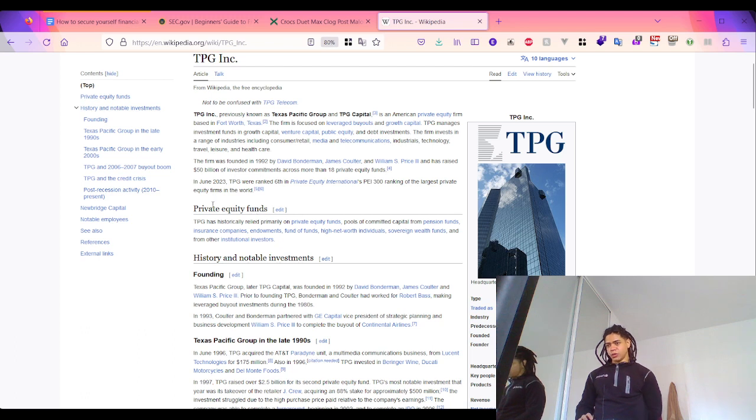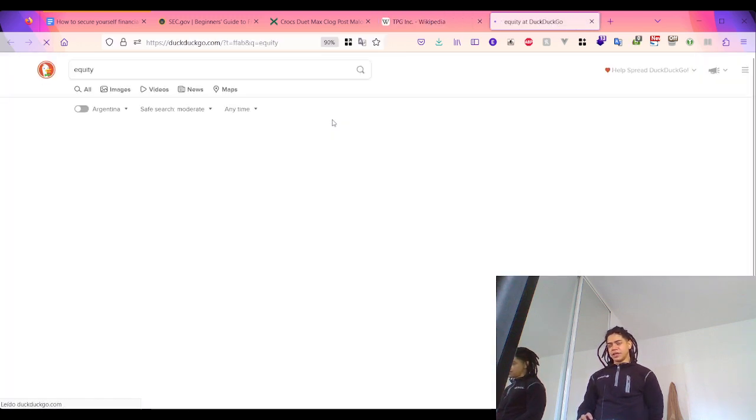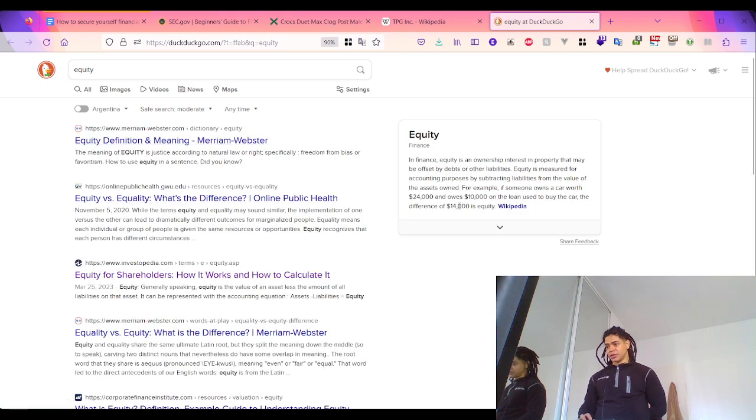Okay, so when I talk about equity here, this is also important. Equity is an ownership interest in a property that may be offset by debts or other liabilities. Equity is a measure for accounting purposes, obtained by subtracting liabilities from the value of the assets owned, according to Investopedia.